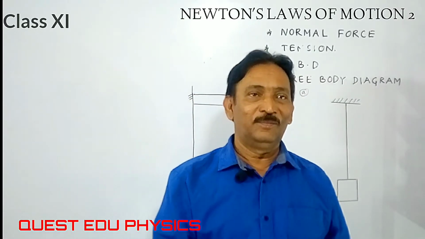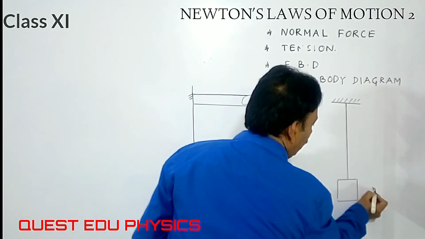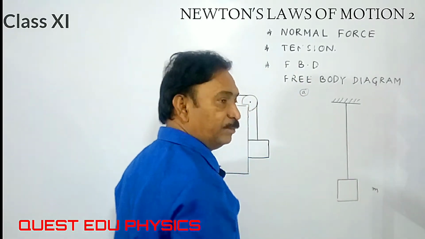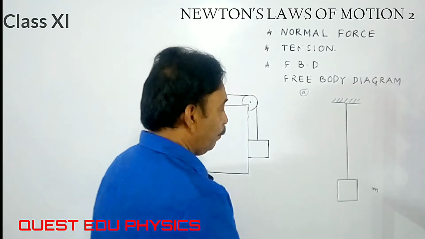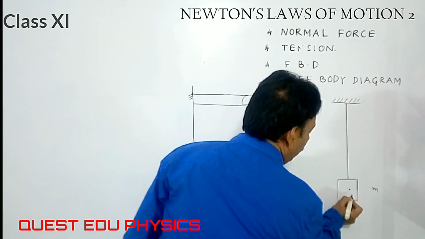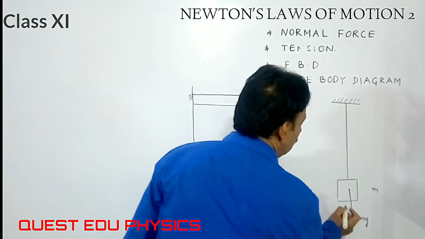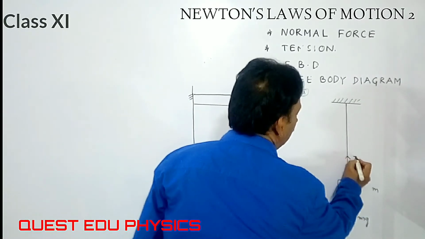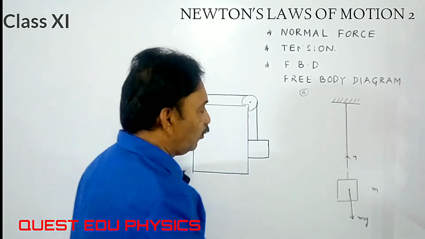Let's say it is a body which has a mass of m being suspended from a rigid support. At the center of mass of the body, the weight of the body is acting vertically downwards, and you know that there is the tension. The tension acts away from the point of contact.